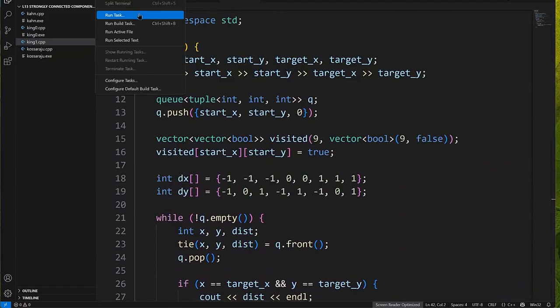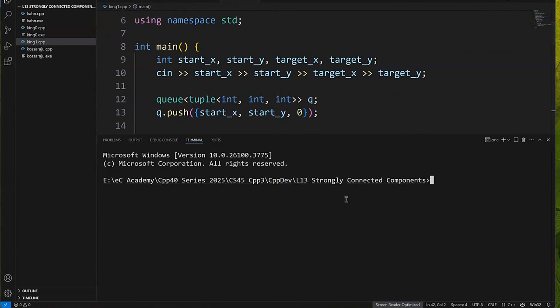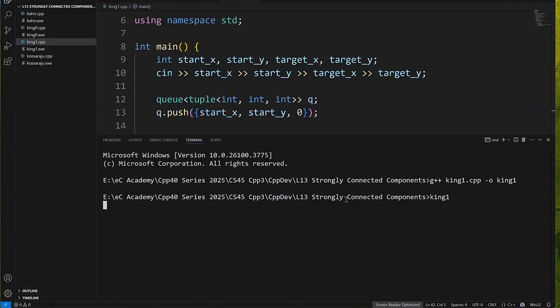So let's run this one. Let's do g++ q1.cpp -o q1. And let's run q1.